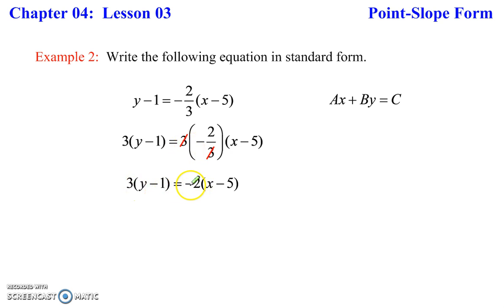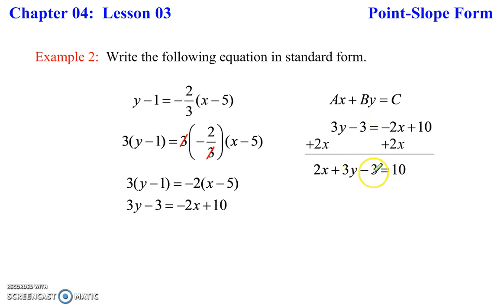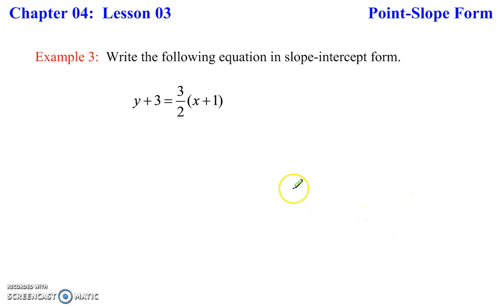And then I'm left with negative 2 times x minus y. Now I can do distributive property on each side. And then from there, we want to get the variable terms to the left side. So move the x to one side. And then finally, we want to move the 3 over to the right side. And that is in standard form.